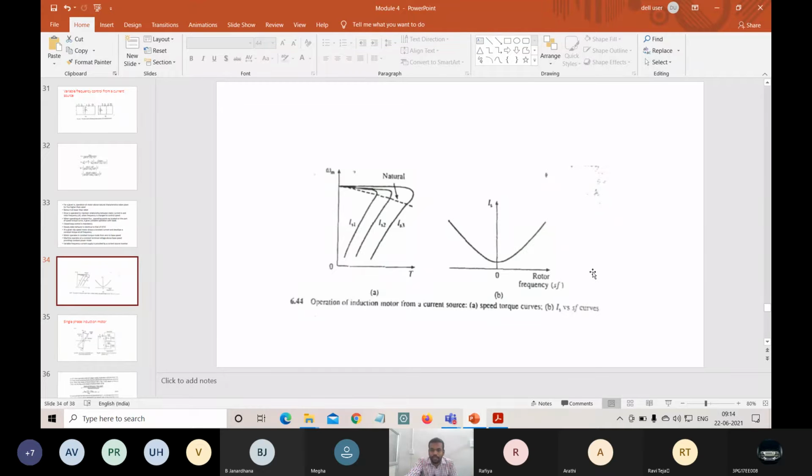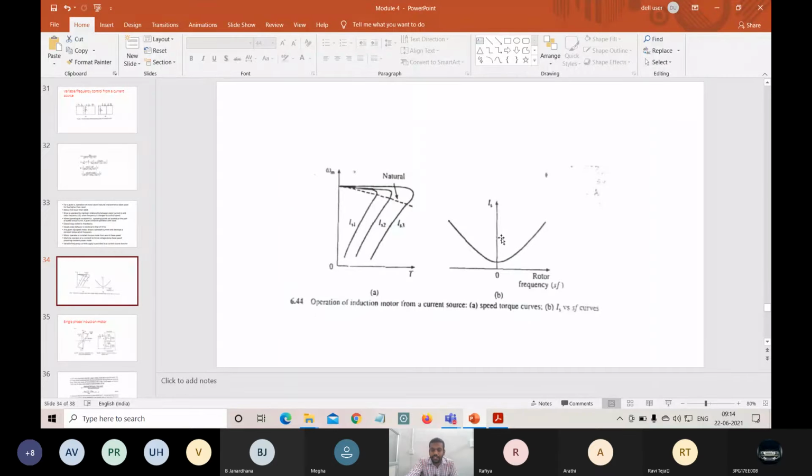The rotor frequency is given by SF. So this is one characteristic. Sometimes it is independent of frequency. So this drive is operated such that we have to maintain the characteristics between IS, the stator current, and the rotor frequency.